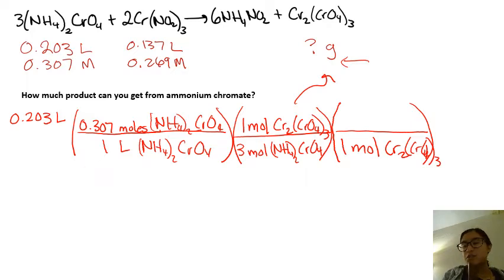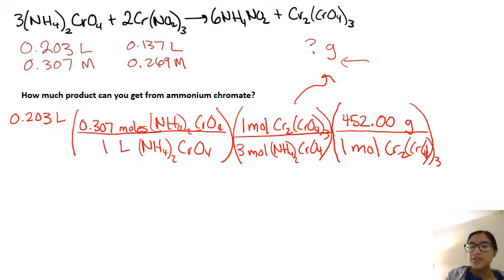So you would have to go to the periodic table and add up 2 chromium atoms from here, and then 3 chromium atoms from the chromate, and 3 times 4, 12 oxygen atoms. So you would have to add all those up and get the molar mass that way. I'm not going to show that, but that's what you would do. So the molar mass ends up being around 452.00 grams.